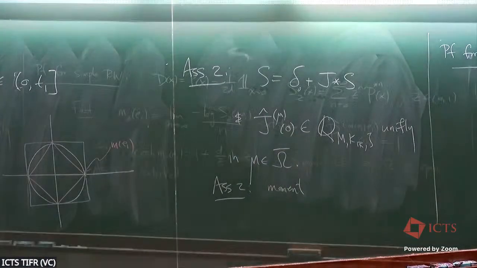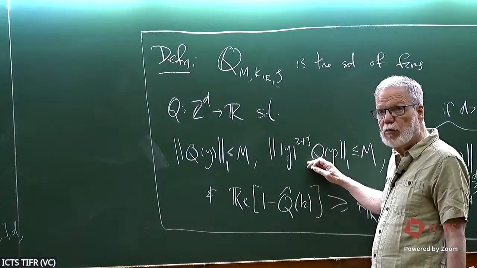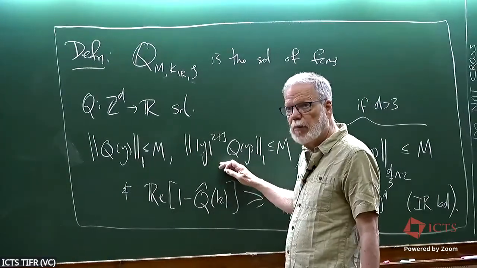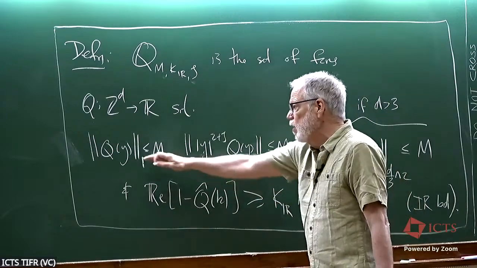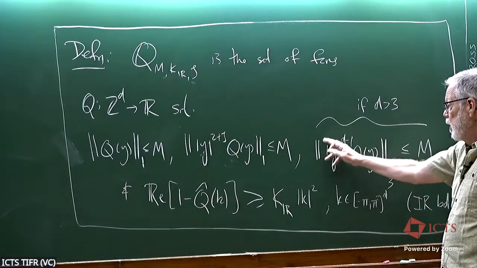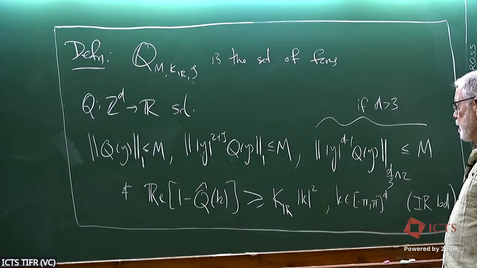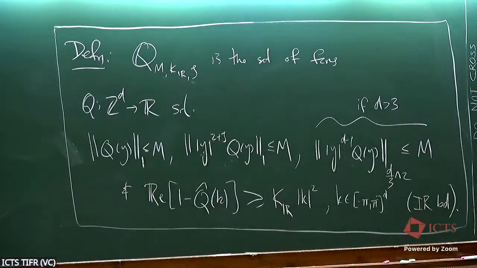But actually the moment estimates reduce for the case of the nearest neighbor walk, because it just requires that Y has to be 1 here when Q is z times P. So it doesn't do anything. These two conditions are exactly the same. Well, this one's actually a little stronger because it includes Y equals 0. And then there's also this condition. But again, Y is 1 because Q is supported on neighbors of the origin. So those moment estimates reduce.